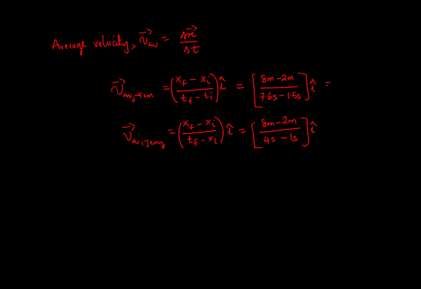So this will be equal to 6 meters divided by 3 seconds. That will give us 2 meters per second.